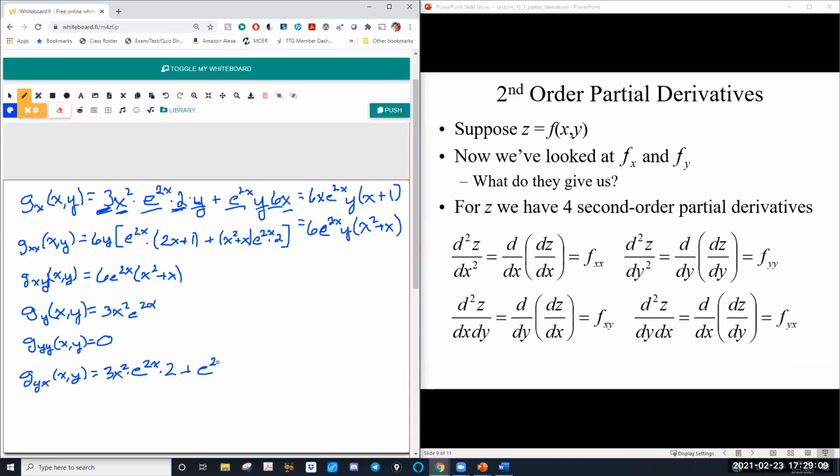Plus, now we're going to leave e to the 2x alone times 6x. Now, here's where things get really interesting for us. If I pull out the 6 and the e to the 2x, so 6e to the 2x, look at what I get left with in parentheses. I get left with an x squared plus x.